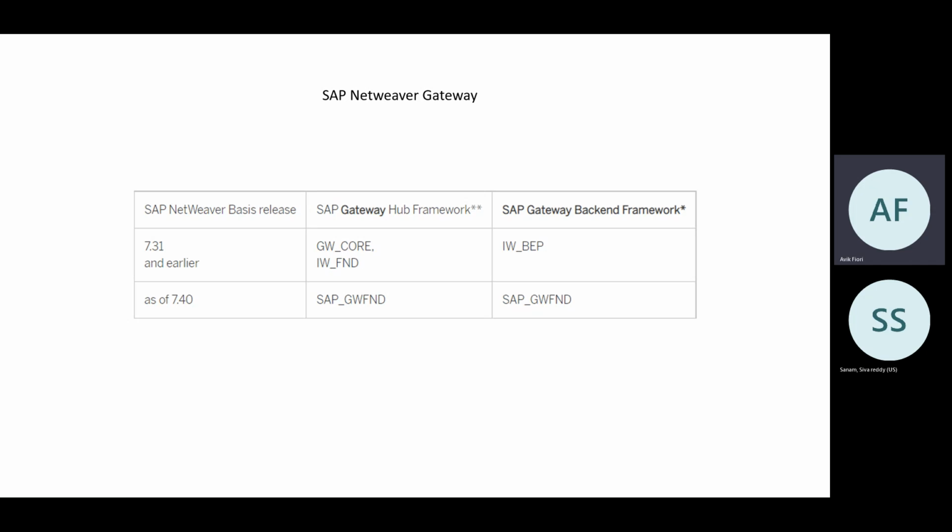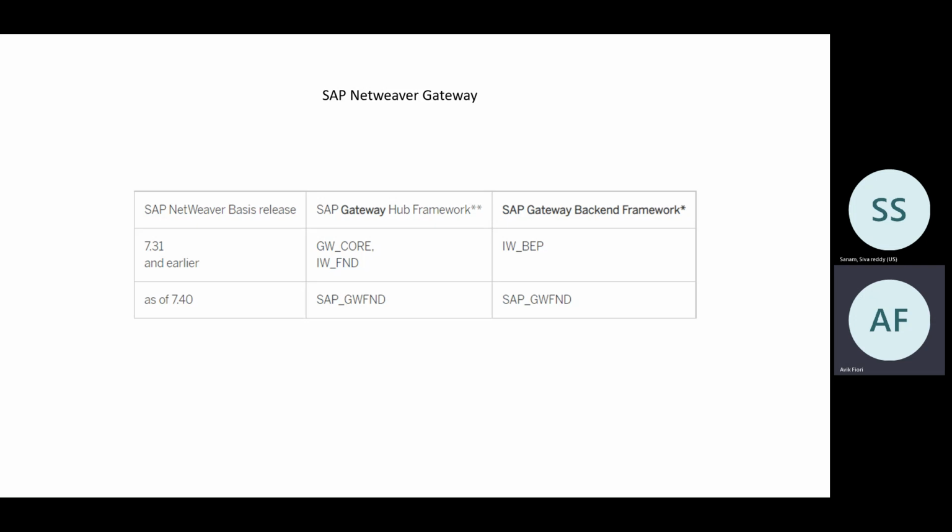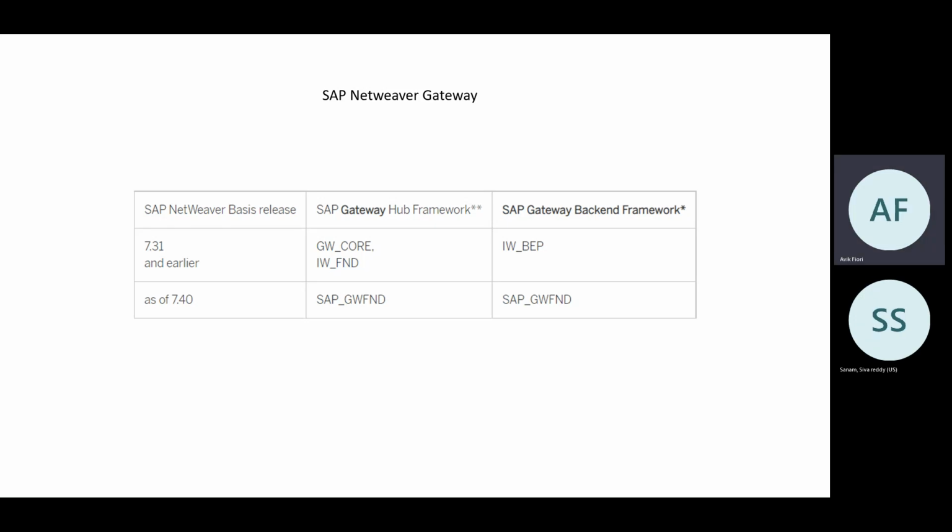Only the single component SAP_GWFND is enough, which includes all three components. I hope you got it, Shiva, the release version. Yes, sir. So these are the basic components required for OData implementation. If you want to create OData services from NetWeaver Gateway, we need all these basic components. Then only our OData services can be created easily.